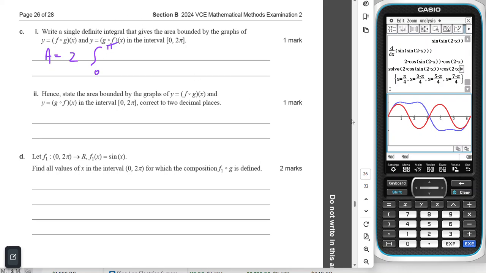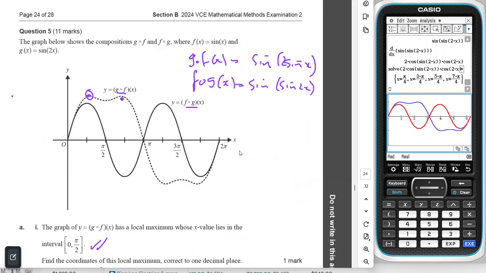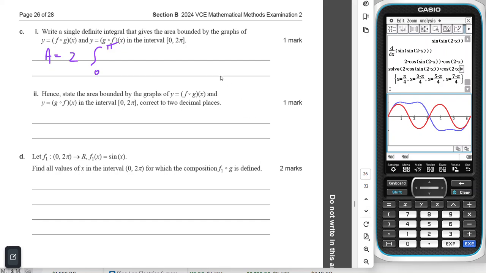Top curve is the blue one, and the blue one is g of f of x minus the bottom curve, which is f∘g, dx.